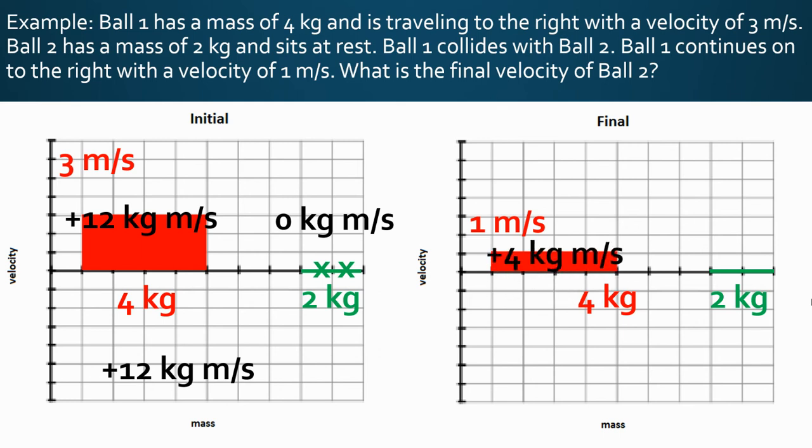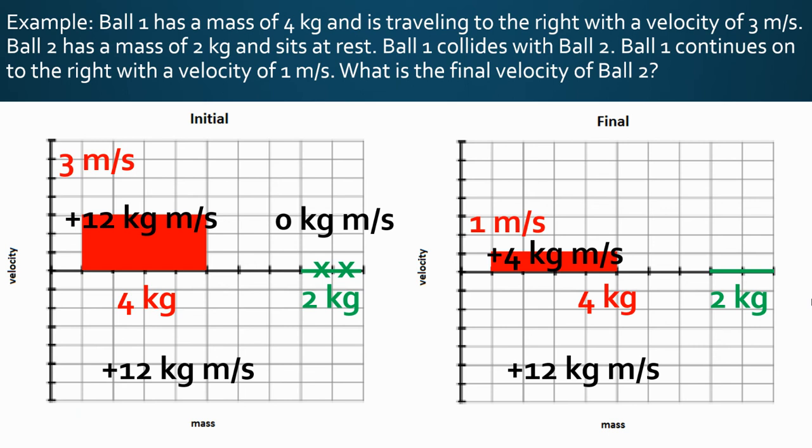If we look at our final conditions, ball 1 has a mass of 4 and a velocity of 1. So it has a momentum of 4 kilogram meters per second. Now, conservation of momentum just told us that if we have 12 kilogram meters per second at the beginning, we should have 12 kilogram meters per second after.